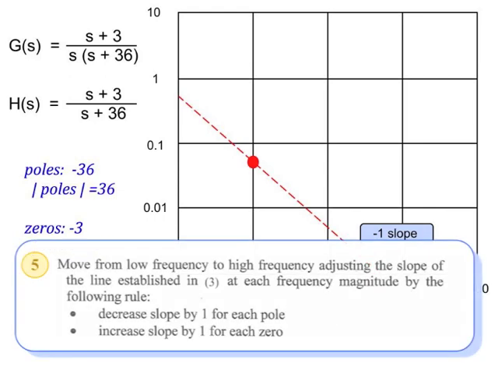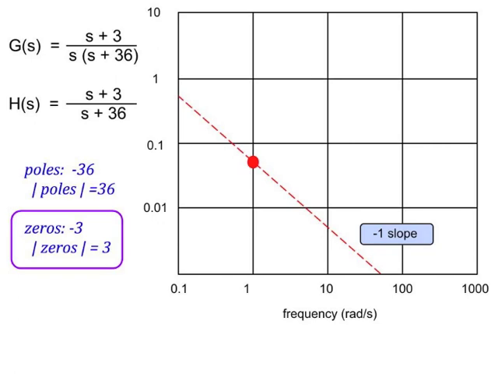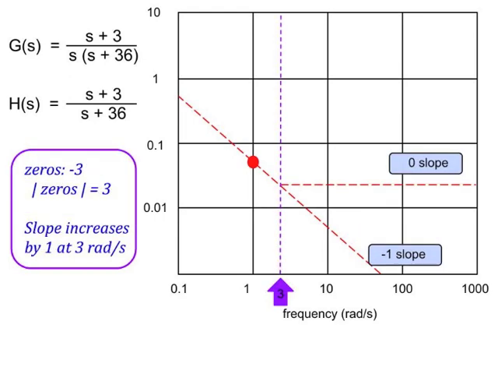In the next step, step 5, we move from low frequency to high frequency, adjusting the slope of the line according to each pole and each zero. The slope decreases for each pole and increases for each zero. In our example, we first encounter a zero at a frequency magnitude of 3, and so here we increase the slope from -1 to 0.